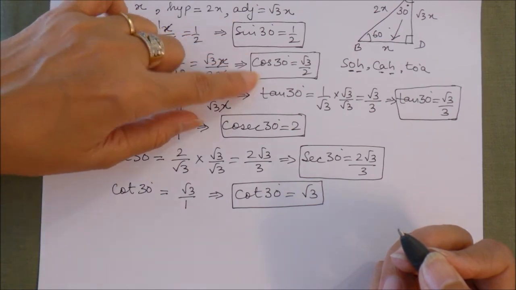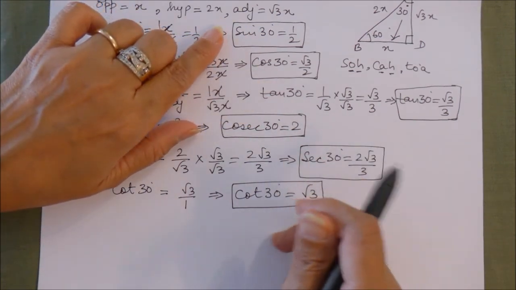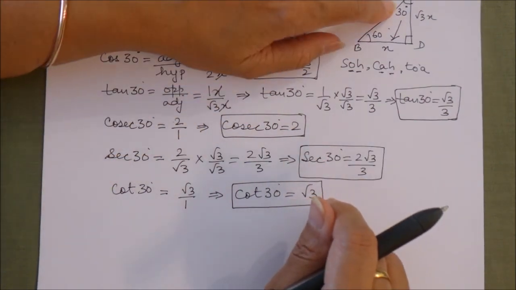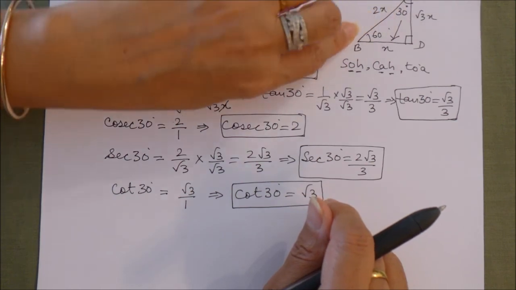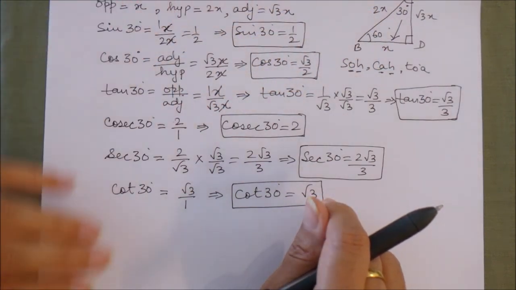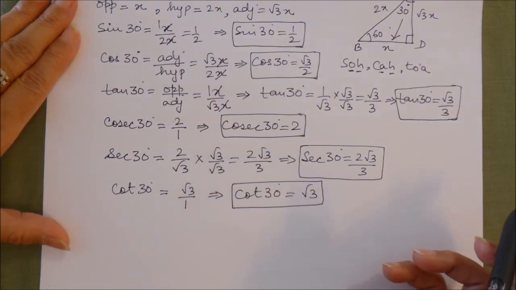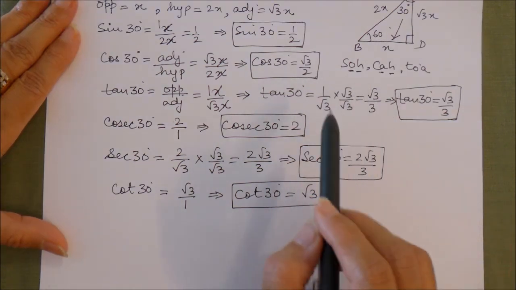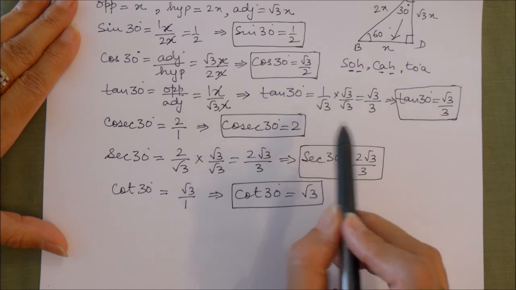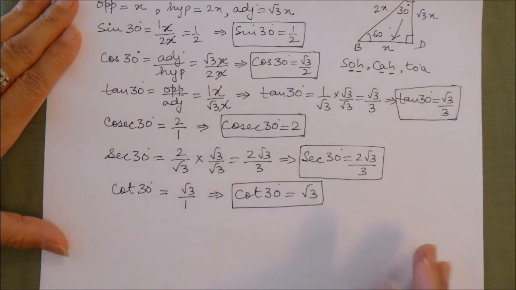So this way you can find the values for all the trigonometric ratios for the angles 30 degree as well as for 60 degree by making first an equilateral triangle and then following the procedure as I've shown in the previous steps.